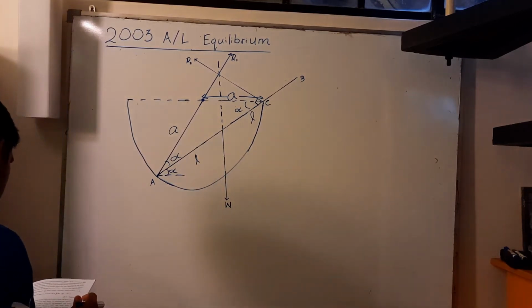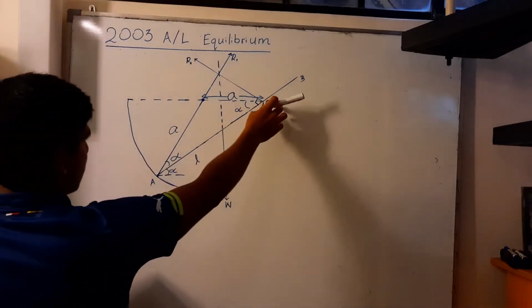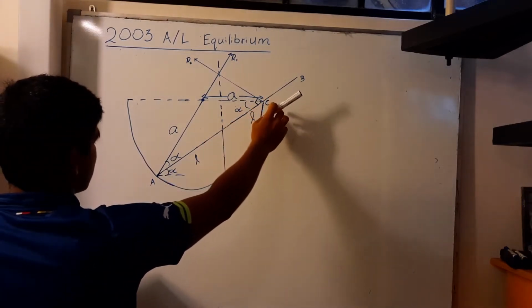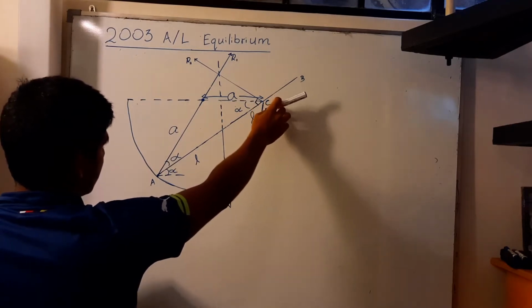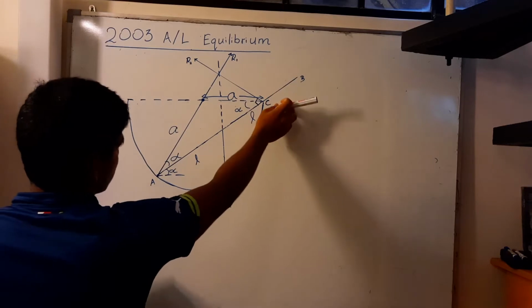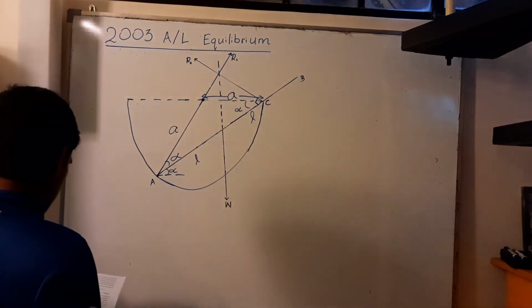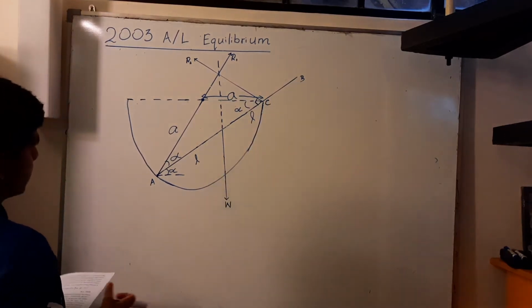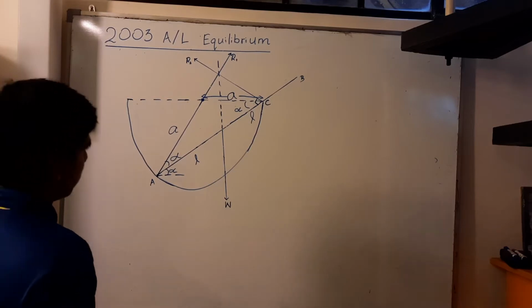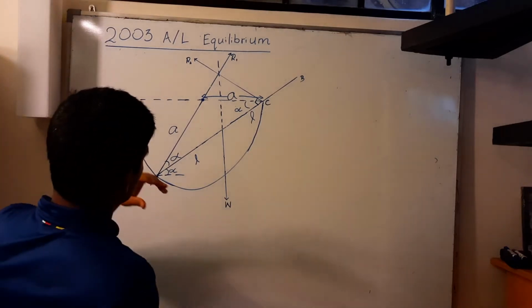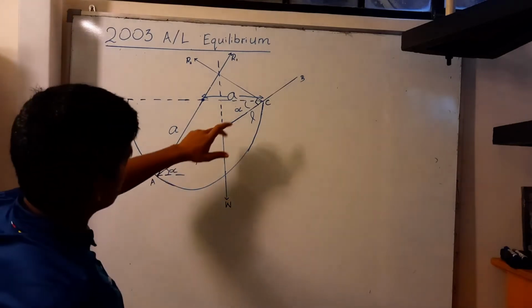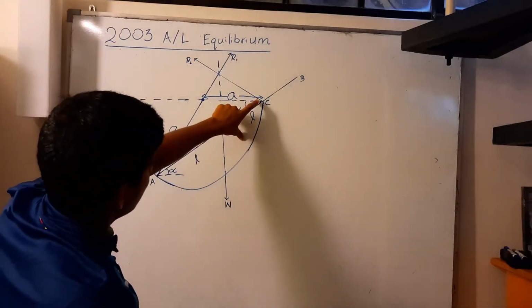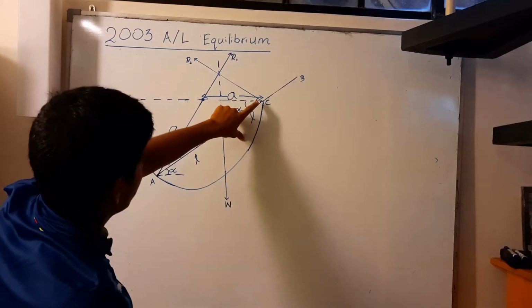And then they say the point where the rod and the inner surface of the hemisphere meet is point C. I marked that, and that's basically what they've already given us in the question. Since both the hemisphere and the rod are smooth, the reaction at the rim would be perpendicular to the rod.